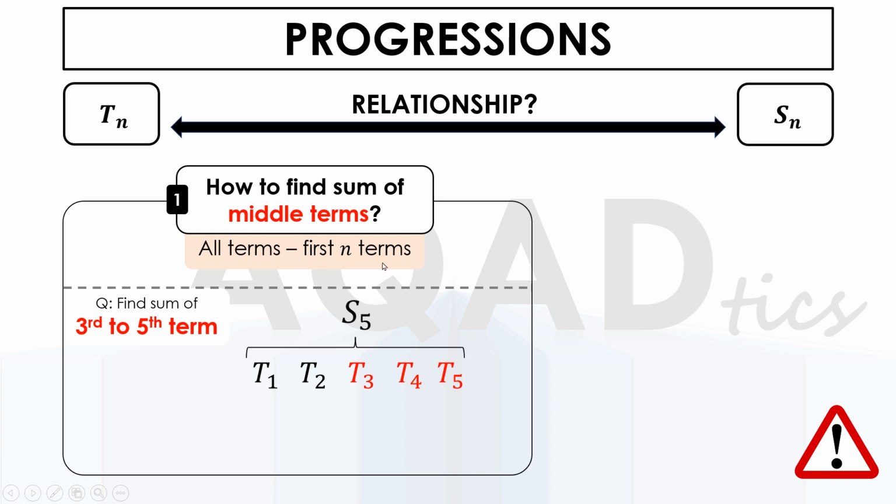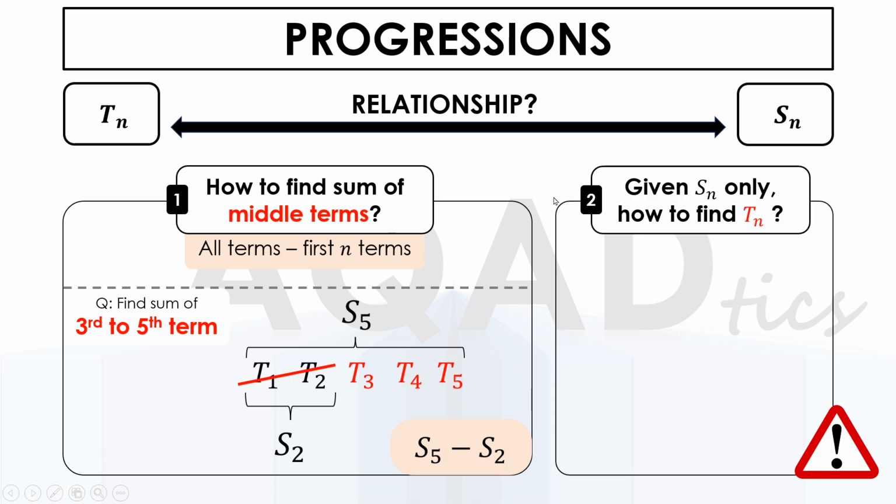And minus first n terms meaning I minus those terms that I don't want, which is the first 2 terms or S2. So to find the sum required, what I do is S5, all terms, minus out the terms that I don't want, or the first n terms, which is S2. Okay, so my answer would be S5 minus S2.